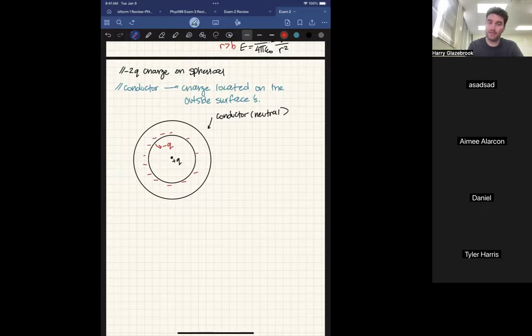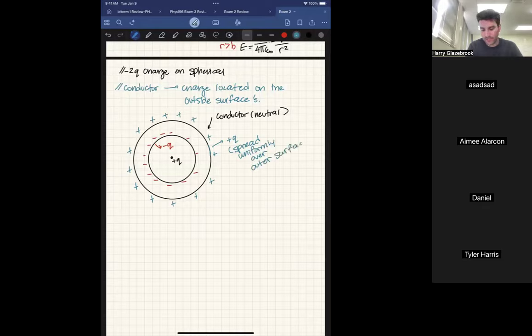But it's going to be spread evenly throughout the entire inner surface. And then that's going to expose all the positive charges up here, where the total net charge on this outer surface is going to be positive Q, once again spread uniformly over our outer surface.